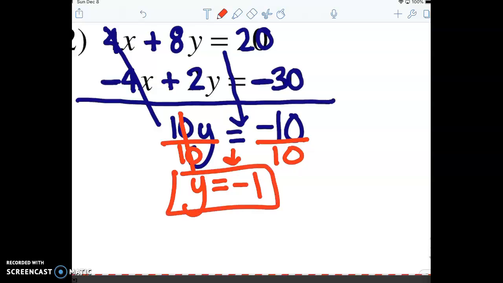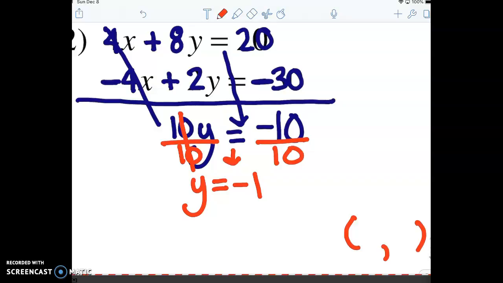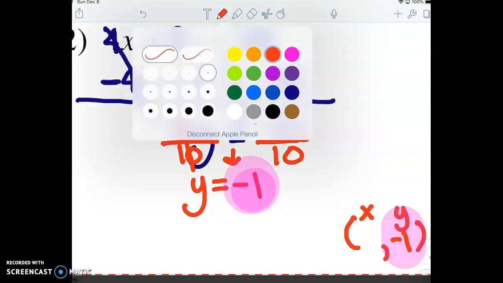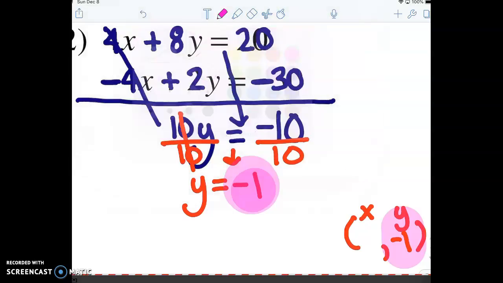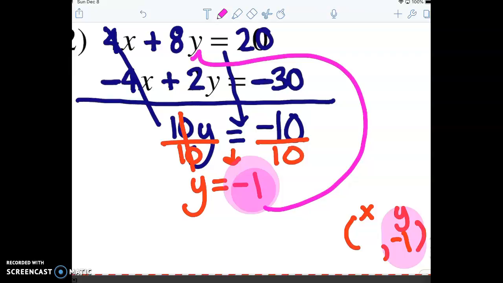Este no está su respuesta. Porque necesita paréntesis, una X y una Y. Este número es la Y. In order to get the X, necesita la X. Necesito poner la Y en una ecuación.